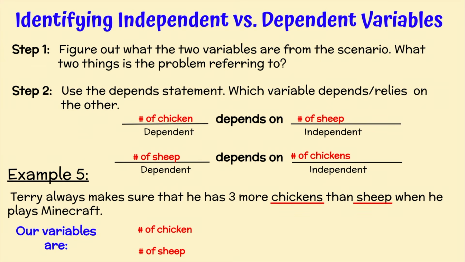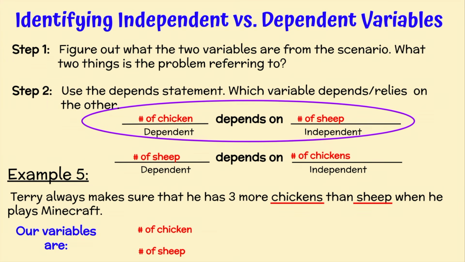Right. The number of chickens depends on how many sheep he has. We know that we can add 3 to the number of sheep to get the number of chickens. So that means our dependent variable, which is our y variable, is the number of chickens, and the number of sheep is our x variable.